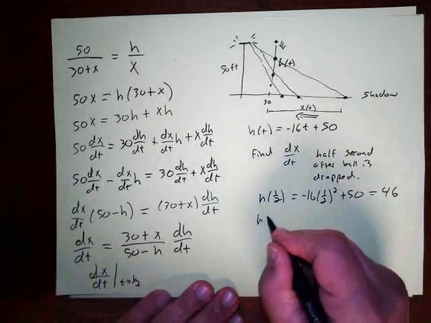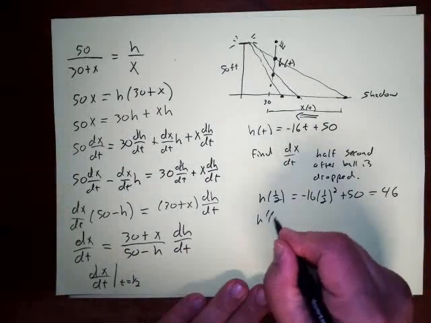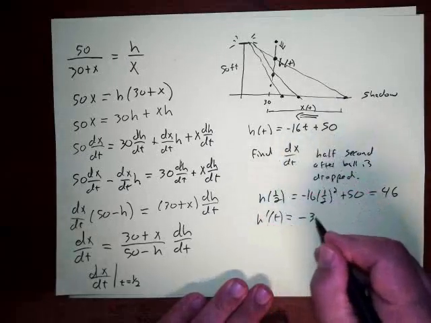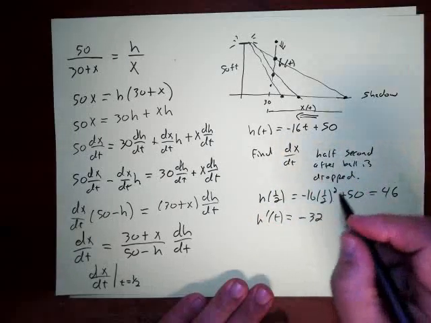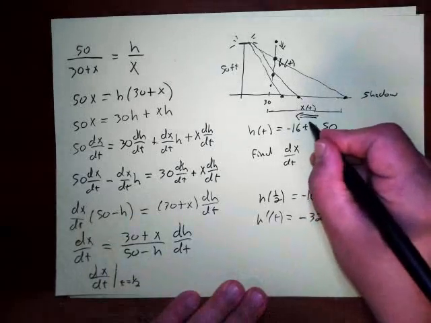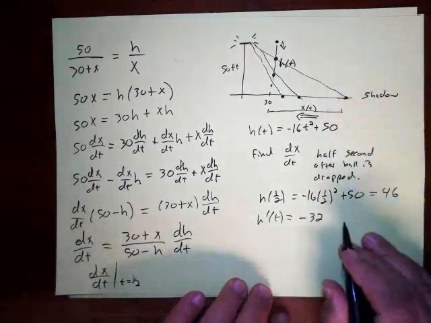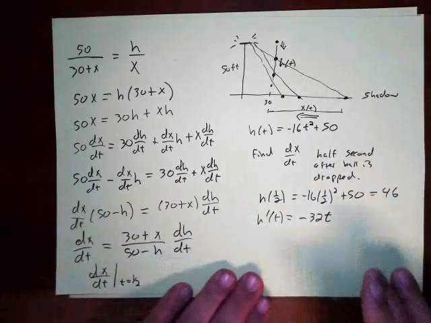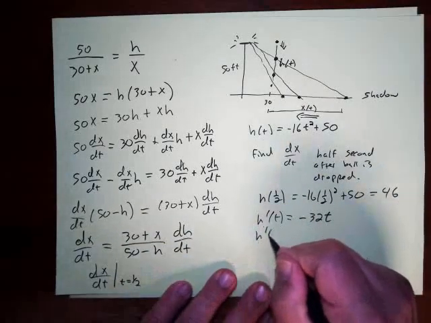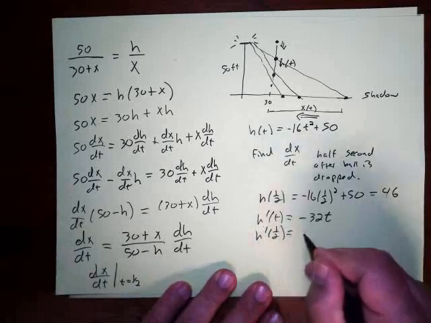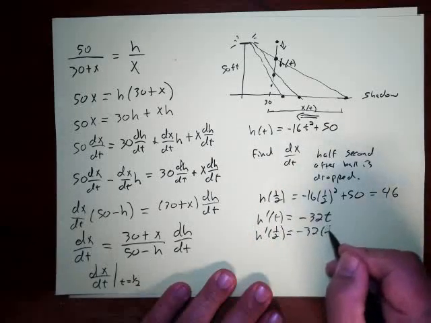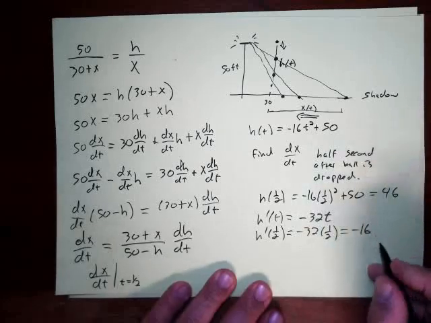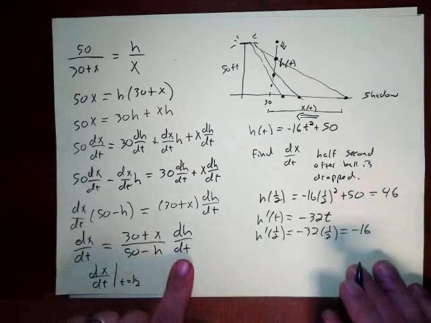Okay, well, the dh dt isn't too bad either, because I just take the derivative of this, negative 16t squared, of course. This would be negative 32t, right? And so after half a second, that's easy. Just plug in a half a second here, and I get negative 16. Okay, and that's the dh dt.